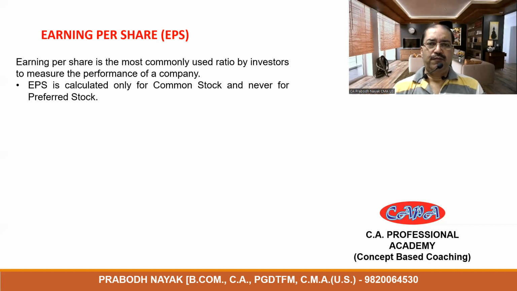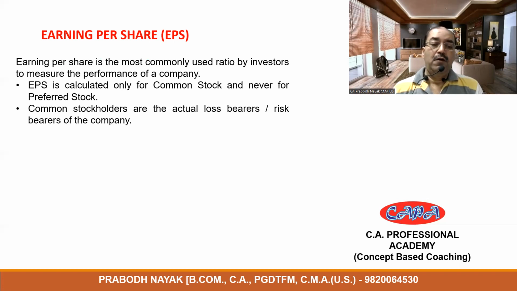Common stockholders. EPS is calculated only for common stock and never for preferred stock. Why do common stockholders calculate it? Because they want to know how much profit is left for them after meeting all expenses, after meeting the tax liability, and after meeting the payment of preference dividend.